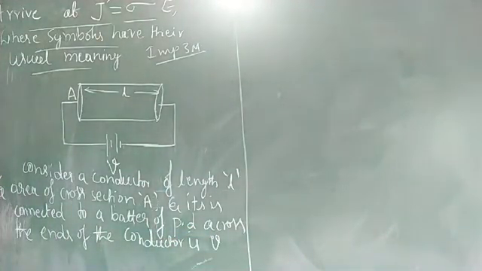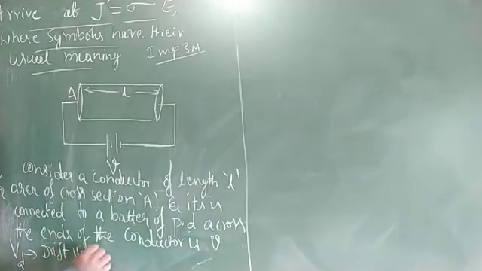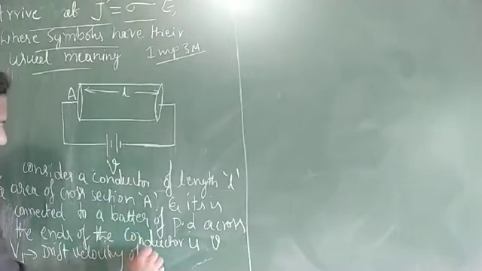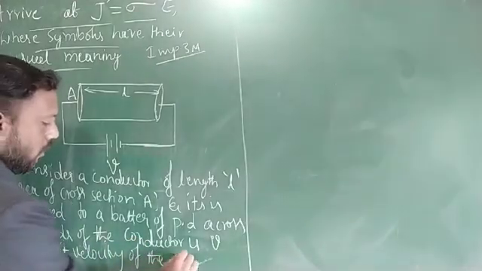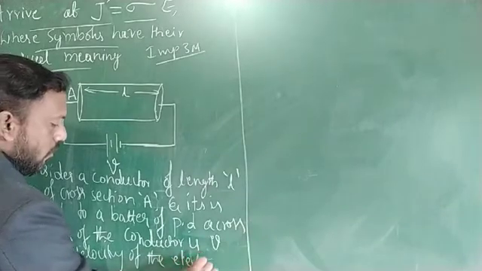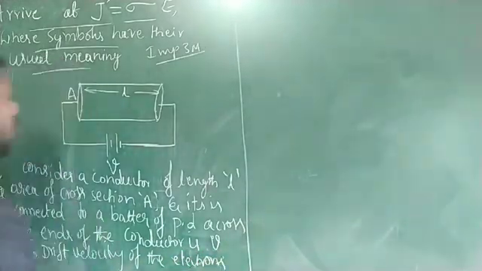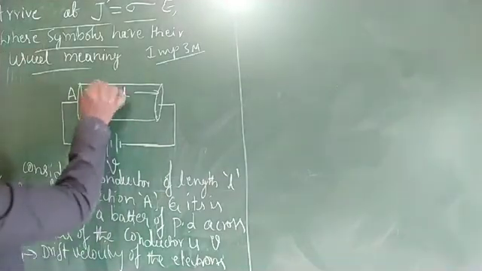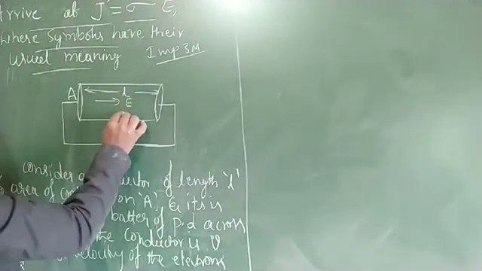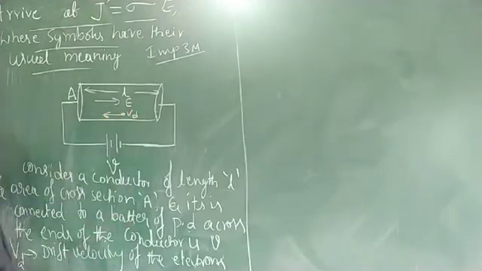V is the potential difference, Vd is the drift velocity of the electron, and E is the electric field.